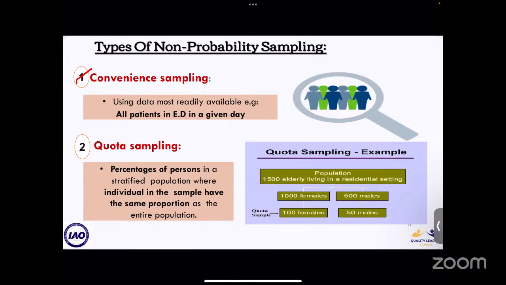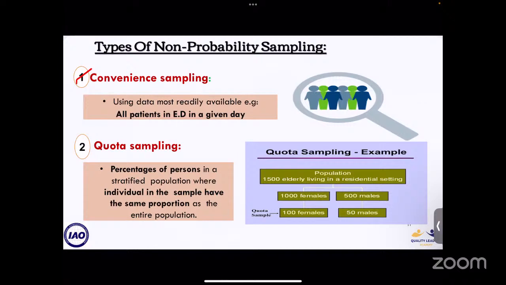For example, if I told you to bring me patients who visited the ER on Saturday and then base the study on them, can these patients represent all patients who come throughout the week? And can these patients who visit the ER also represent all types of patients across other departments?